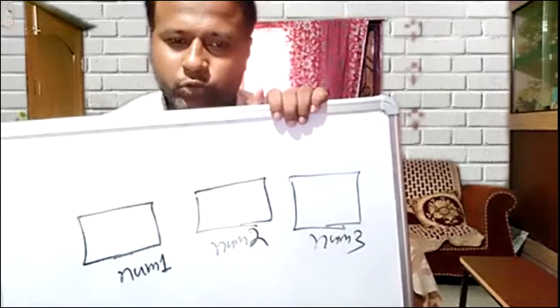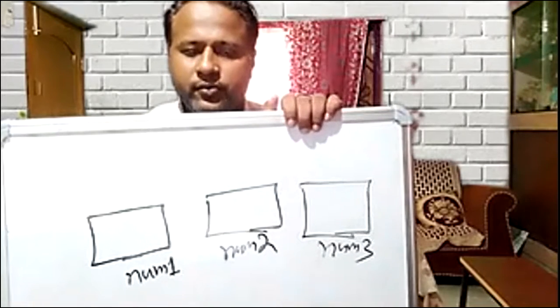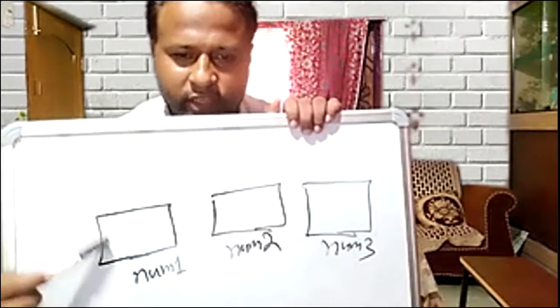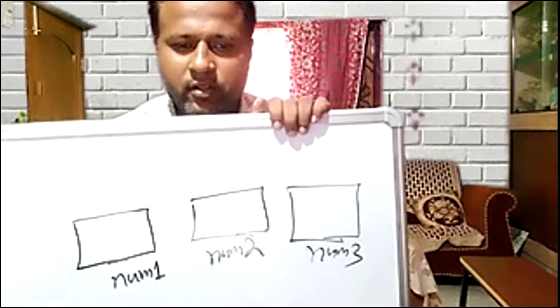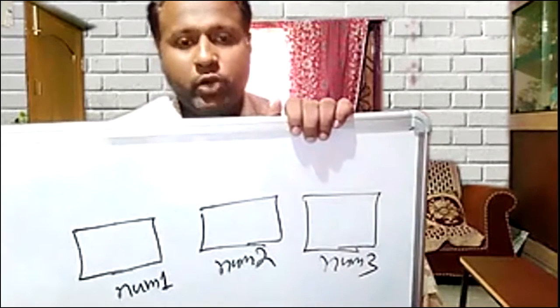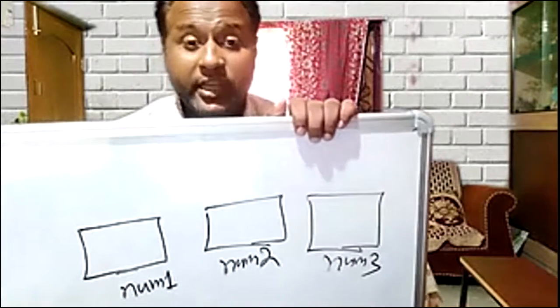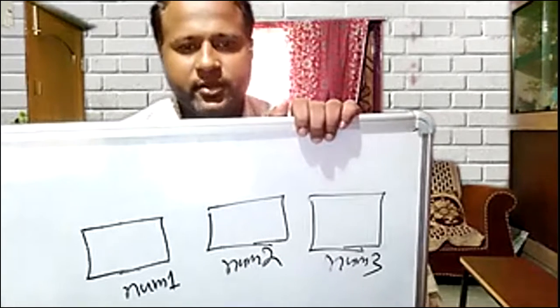If I want to store 3 numeric values, I define the 3 variables num1, num2, and num3. So 3 variables means 3 memory locations. You have to define 3 memory locations for storing the 3 values.